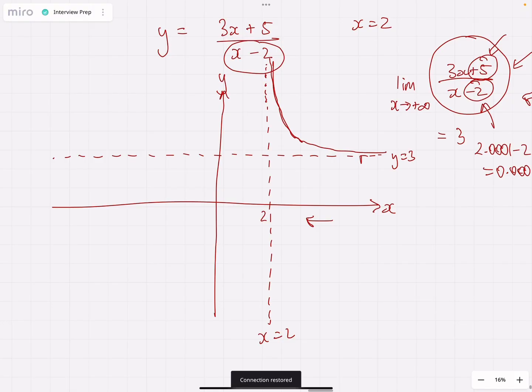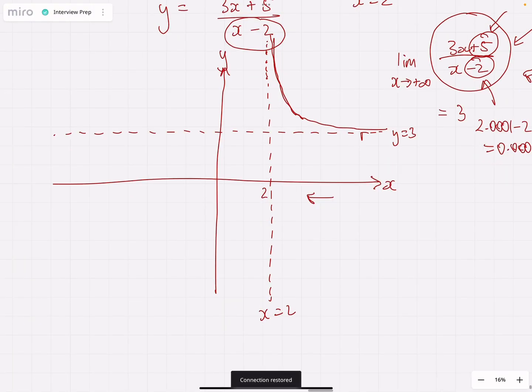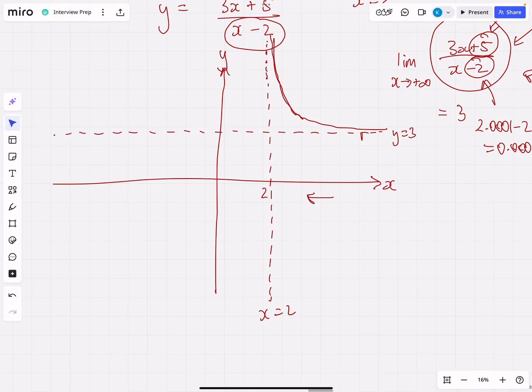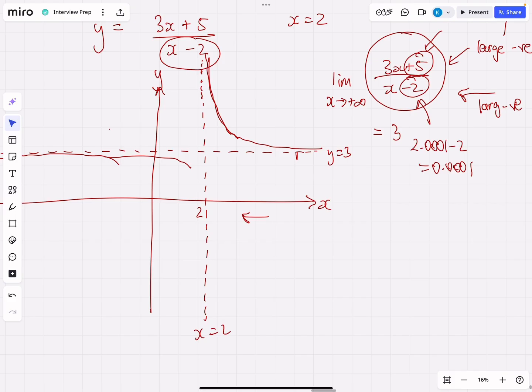So let's try and graph that. It's going to tend to 3 here. It's going to tend to 3 here. And then, I started bending a bit too much. And then by a similar argument, our graph's going to tend down to negative infinity.